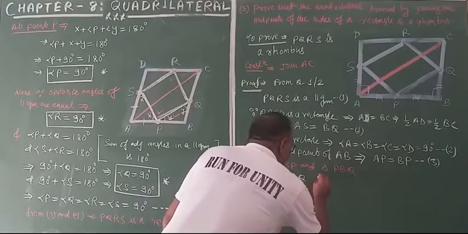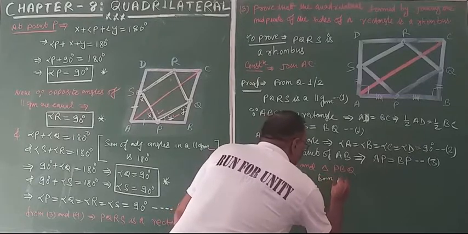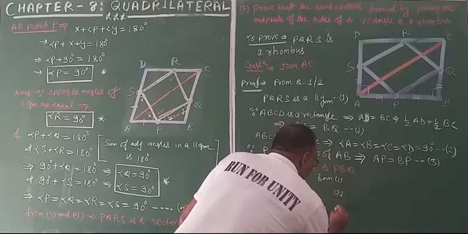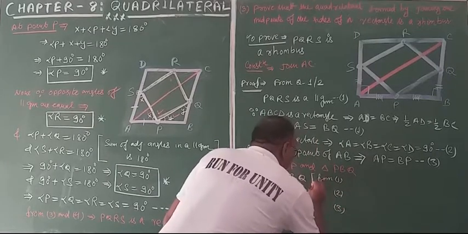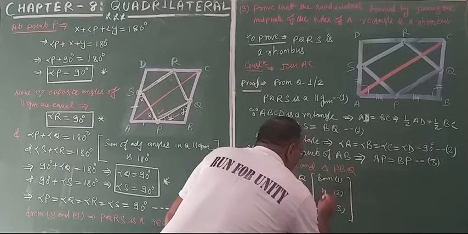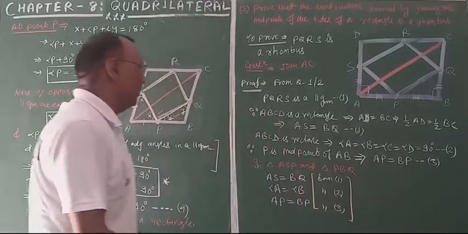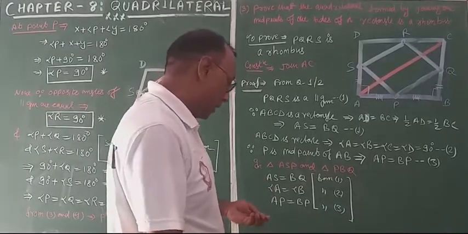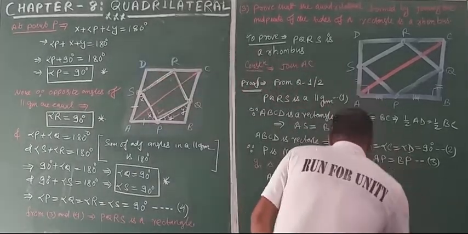This is proved in equation 1, this is proved in 2nd, and this is proved in 3rd. So by which rule? By SAS rule, these two triangles are congruent.